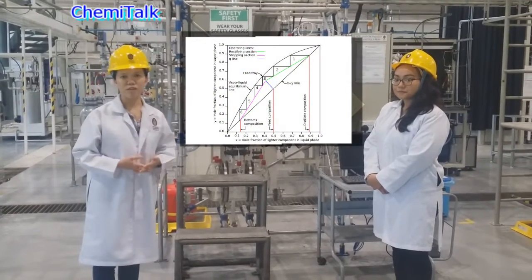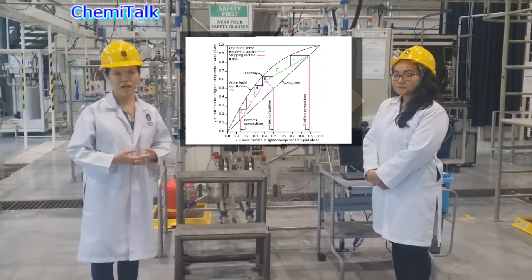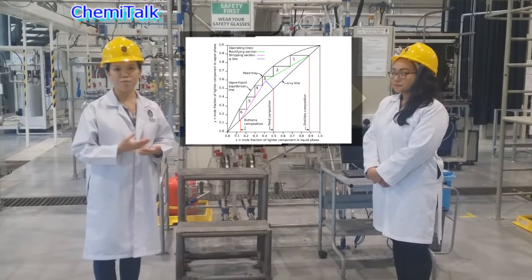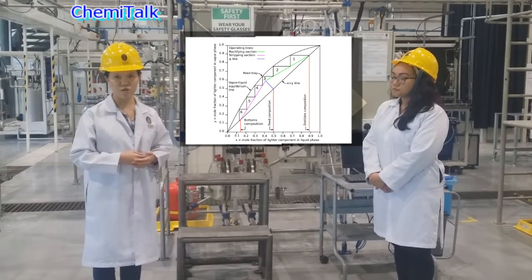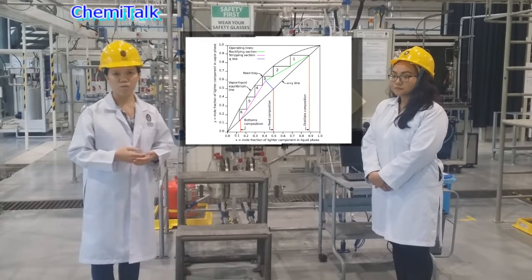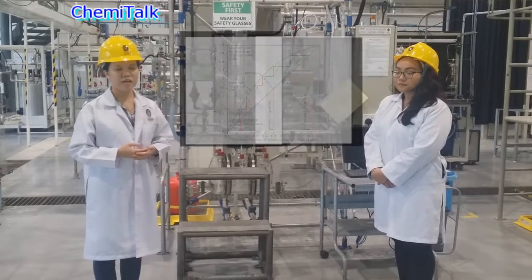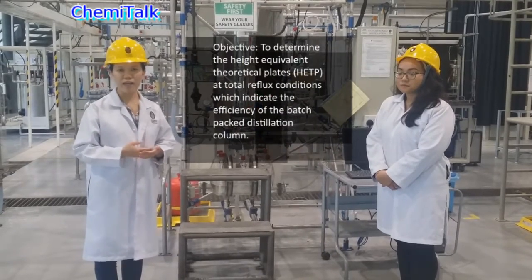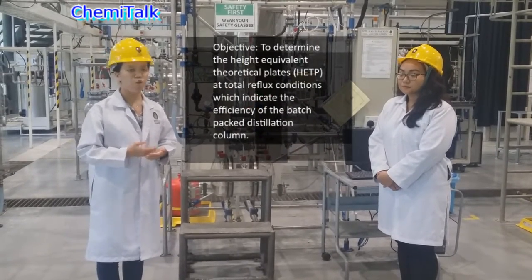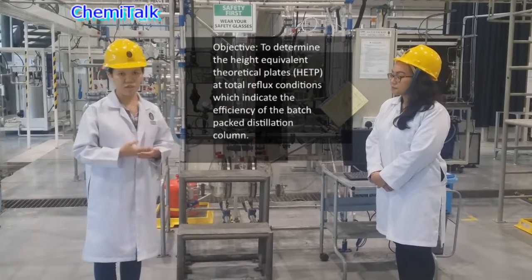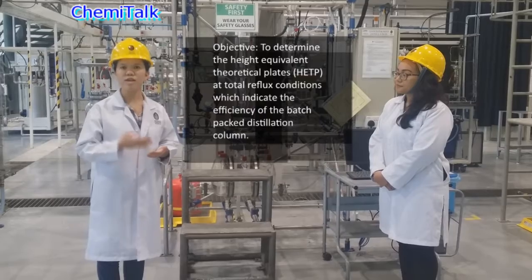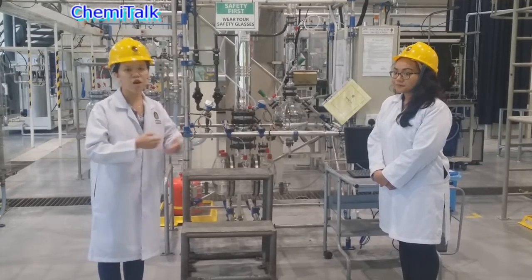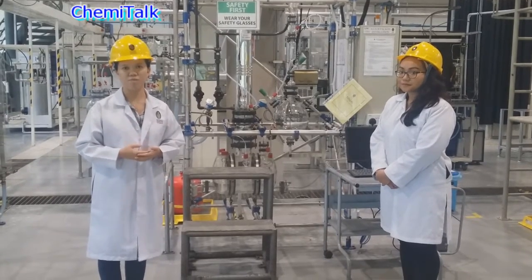Next, by using the Fenske-Taylor method, the number of theoretical plates required to obtain the same separation as the column is obtained. The objective of this experiment is to determine the height equivalent to a theoretical plate, which in short is HETP, at the total reflux condition, which indicates the efficiency of the distillation column.